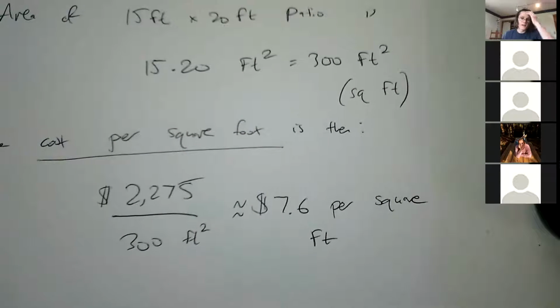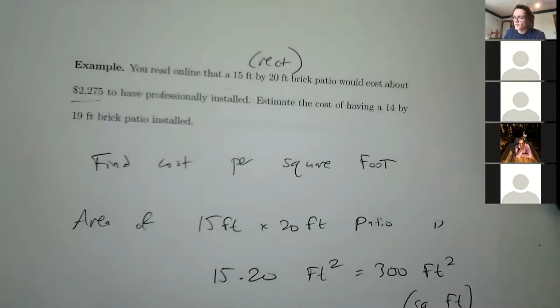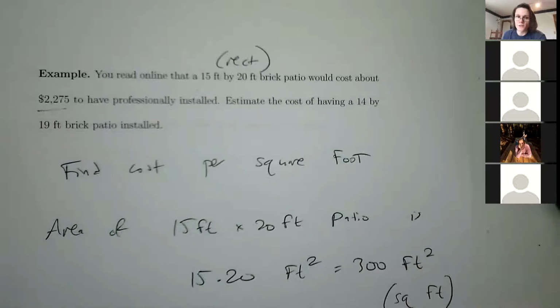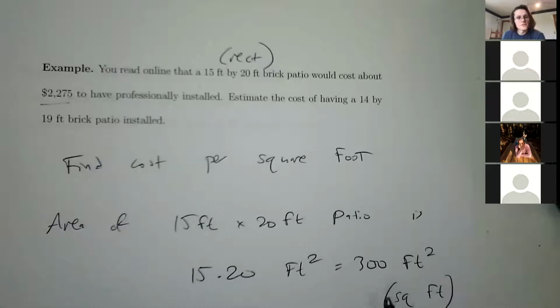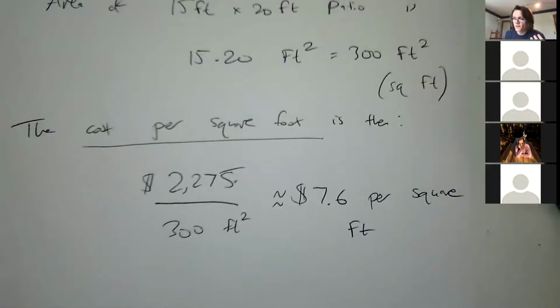Right. And now that we know the cost per square foot, I can go back up here. And the question was, estimate the cost of having a 14 by 19 brick patio installed. So since I know the cost per square foot, I can just multiply that times the area of a 14 by 19 patio.